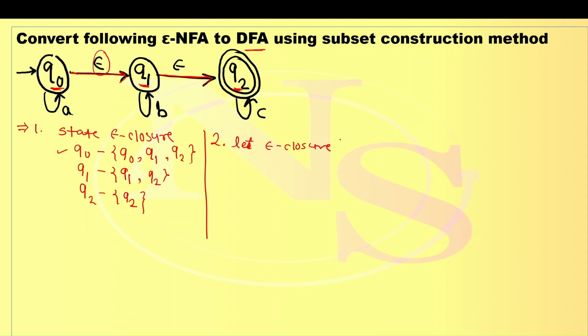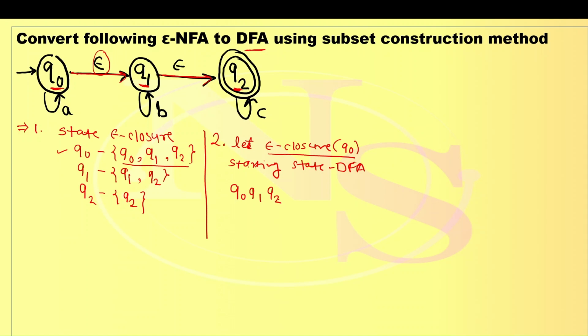Here it is Q0. So the epsilon closure of Q0 is the starting state of the DFA. The epsilon closure of Q0 is Q0, Q1, Q2. So Q0, Q1, Q2 becomes our starting state.